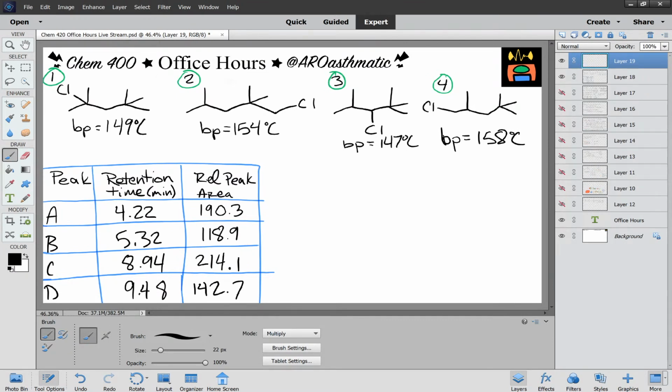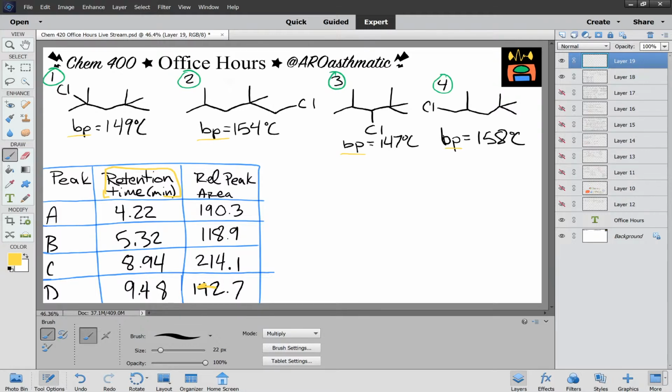Now, with part 2, we're told to assign each peak on the GC trace to its corresponding structure. The thing you have to remember is that retention time on a GC is determined by the boiling points.